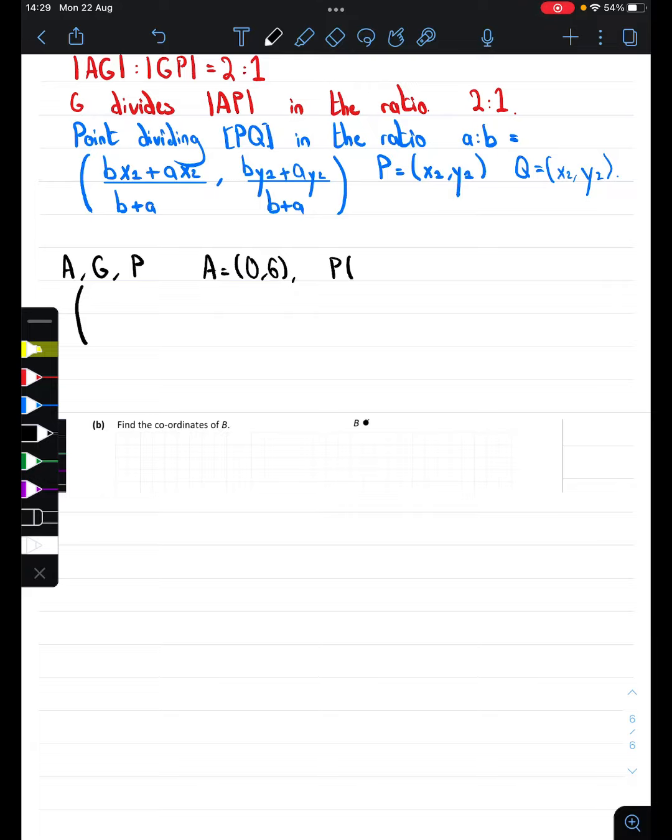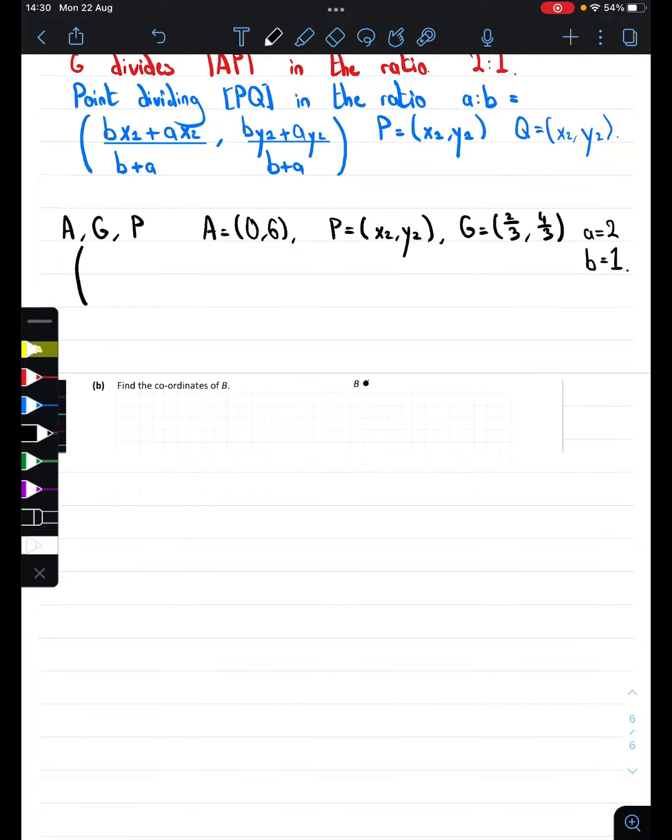P is our second point, x2, y2, and G equals the point that divides them, (2/3, 4/3), and A equals 2 and B equals 1.